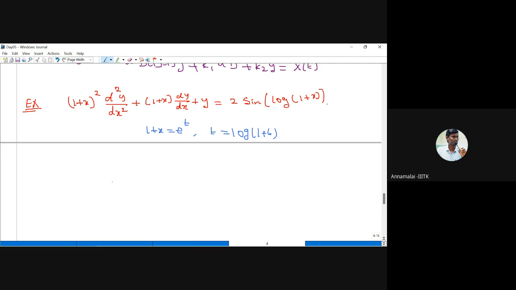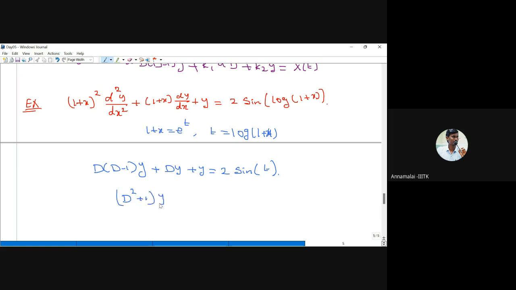Therefore the reduced equation is D(D minus 1) into y plus D into y plus y equal to 2 times sine of, log of (1 plus x) is just t, therefore sine t. Now we can take y outside: D squared minus D plus D, the D's cancel, we get (D squared plus 1) times y equal to 2 times sine t. So this is an equation with constant coefficients, we can easily find the solution.